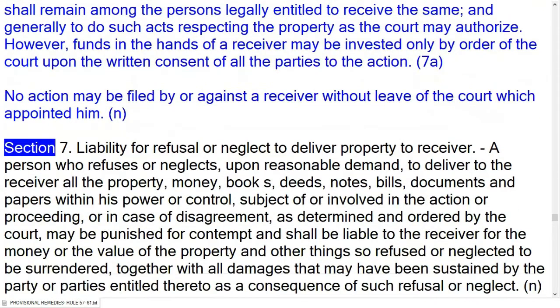Section 7. Liability for refusal or neglect to deliver property to receiver.